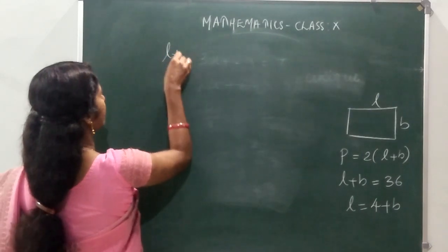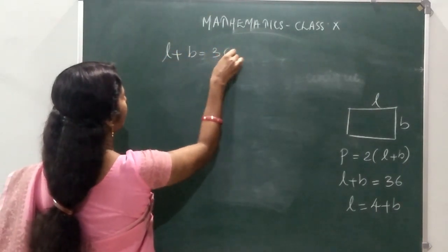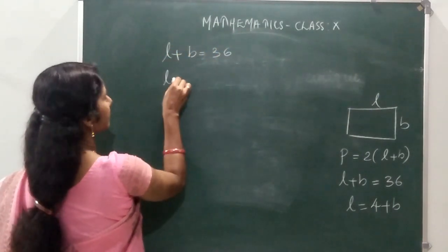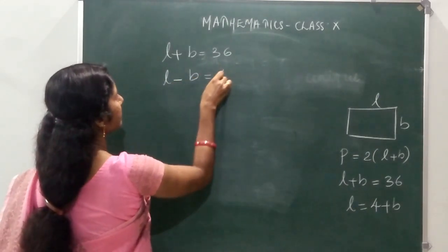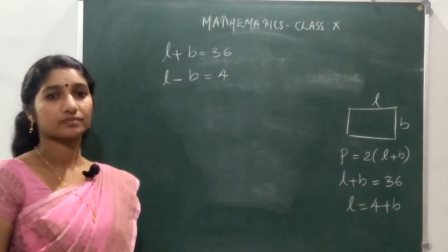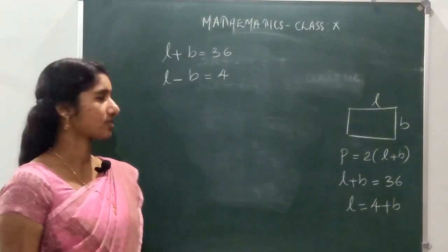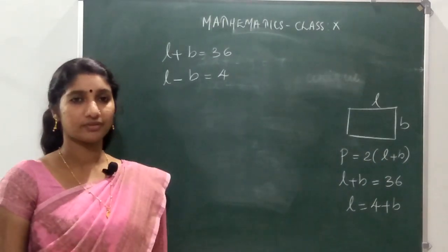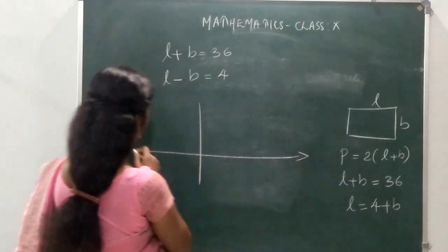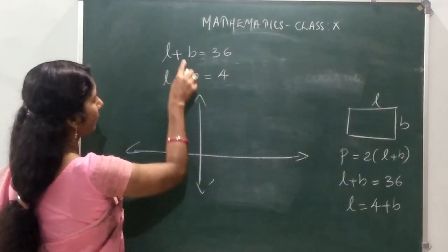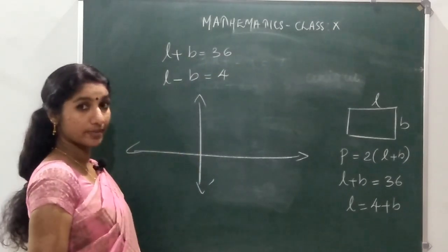We got two equations. One equation is L plus B is equal to 36 and the other equation is L minus B. I took the plus B to this side, so it becomes minus B is equal to 4. Then by using a graph we can solve it. On the graph paper you draw the x axis and y axis and draw the straight line L plus B equal to 36.